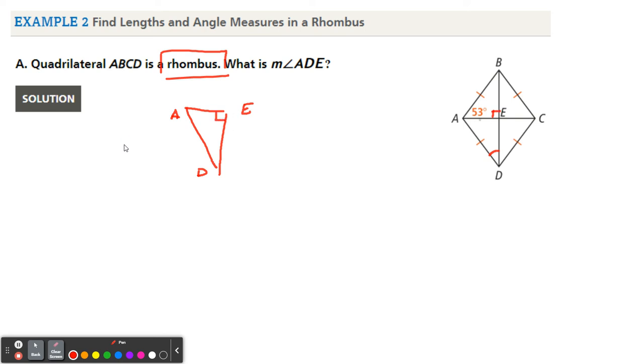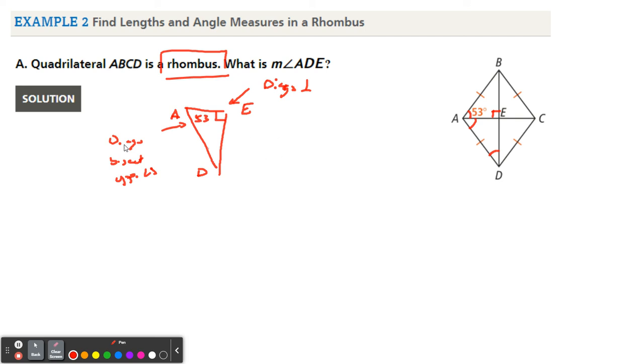And because the diagonals bisect a pair of opposite angles, I know that the top angle at A and the bottom angle at A are both 53, so this angle is 53. I know this because the diagonals are perpendicular, and I know this because the diagonals bisect opposite angles.